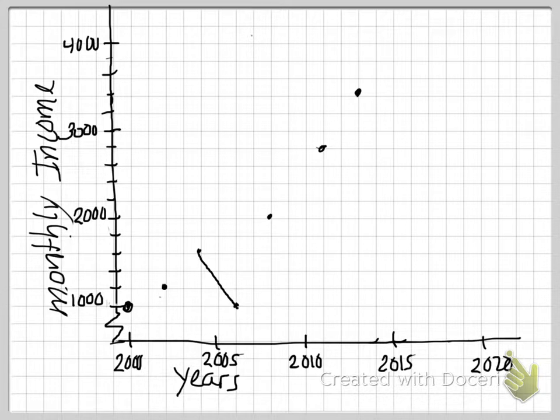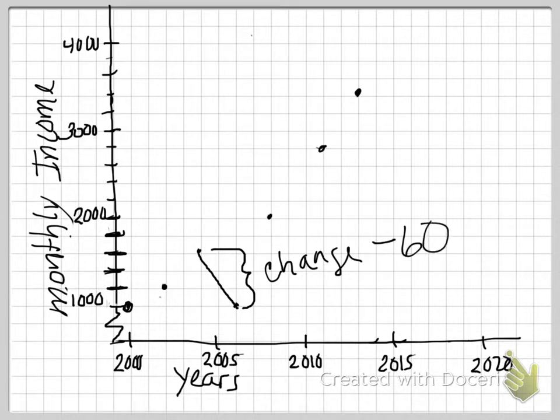So you would say the change in income was $600, because from here to here you can see that each one of the little marks was 200, because you can count 200, 4, 6, 8,000. So then my change in income was a drop of, what did I say, $600.